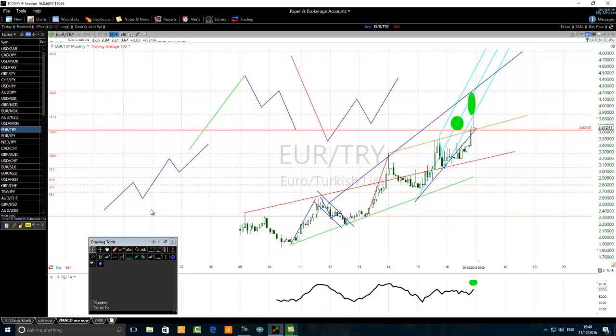I think I've said enough. So the general understanding of a corrective wave is 3, and the general understanding of an impulse wave is 5. Very, very important.